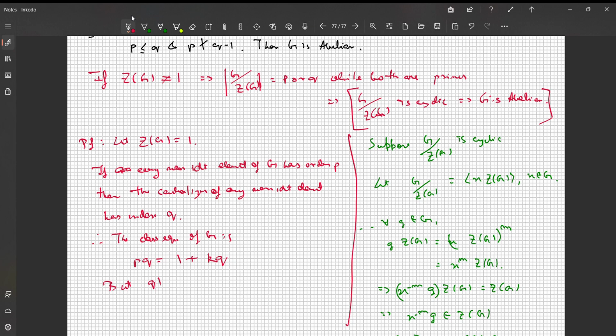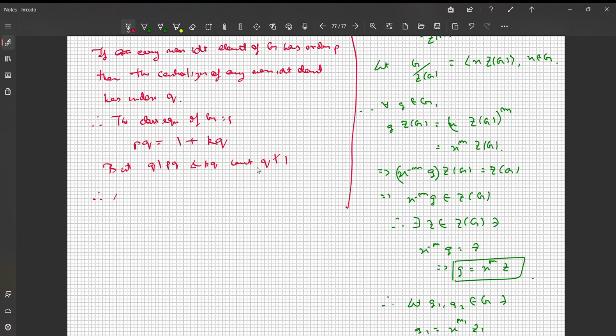But Q divides PQ and KQ, but Q does not divide 1, right? Therefore we have a contradiction. So that implies there exists a non-identity element of order Q. Clear?